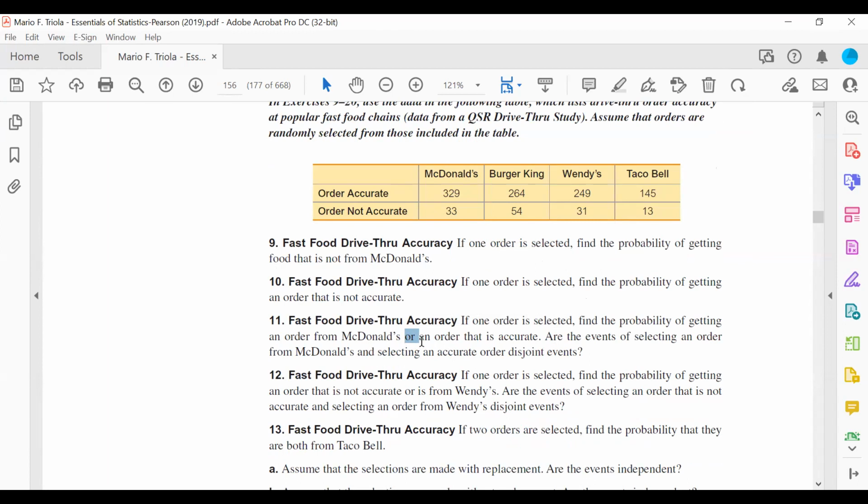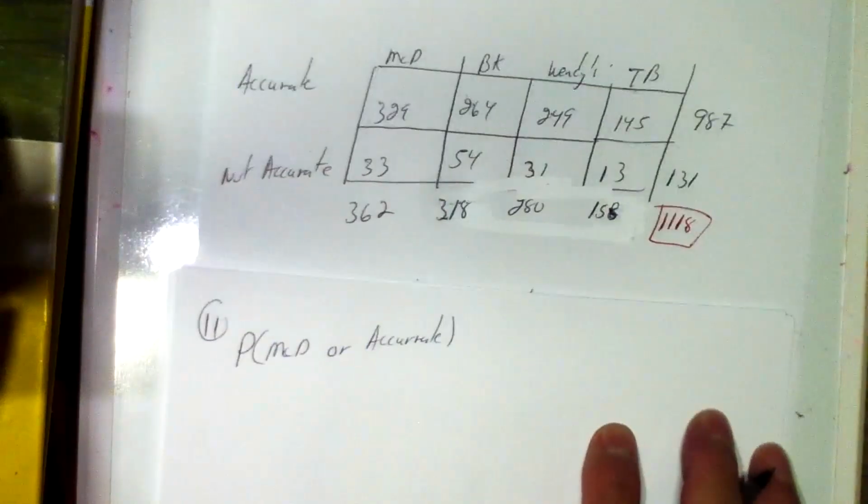So let's first write down the event. They want the probability that it's from Mickey D or accurate. There is the word or. I got to figure out if I'm going to have to use the intersect or the disjoint.